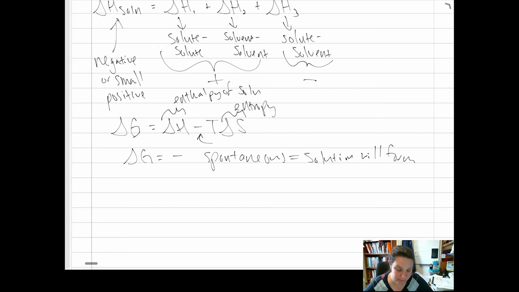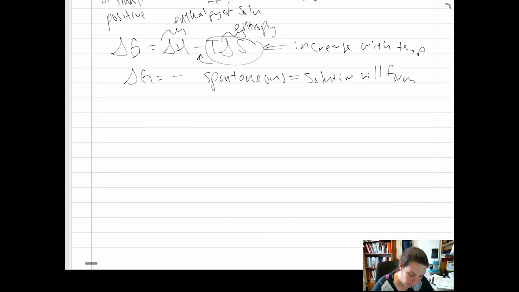We can increase our entropy term by increasing temp. Which is why we can increase solubility with increasing temperature. You should be able to look at intermolecular forces and determine if you will make a solution. And describe it energetically, what's going on. You should be able to determine if you have a dissolving process or reaction.